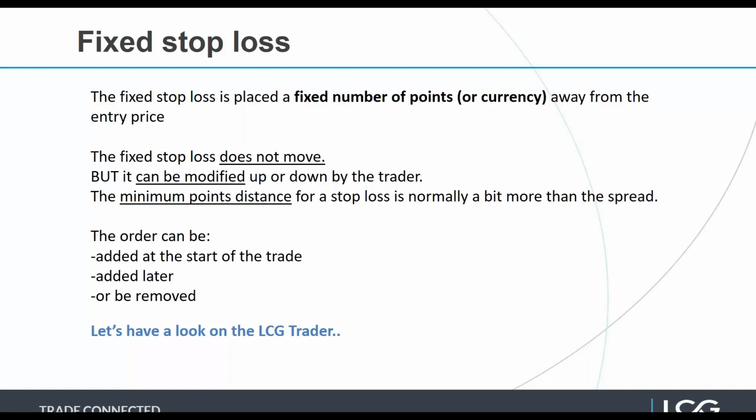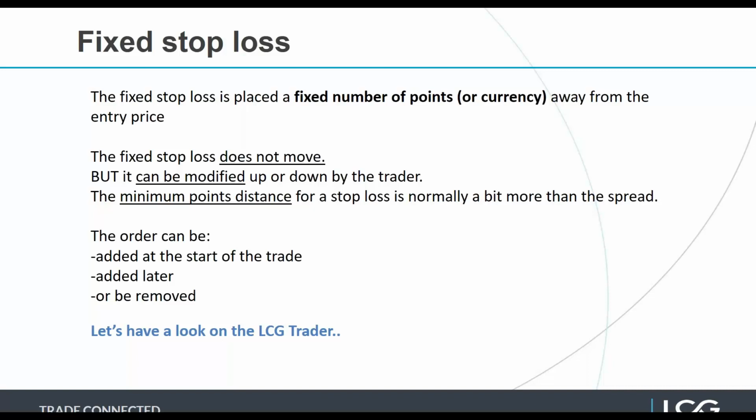There is a minimum points distance for a stop loss, and it's normally just a bit more than the spread, normally 1 or 2 points, nothing too dramatic. But it's almost for sort of practical purposes. There's literally no point in having a stop loss less than the spread, for example. You're just going to be hit out of trades the whole time. I don't know the actual reason.